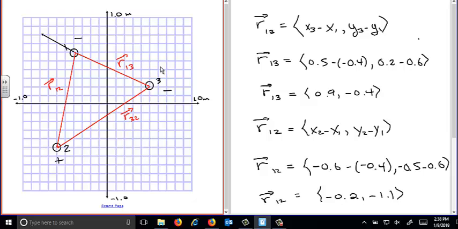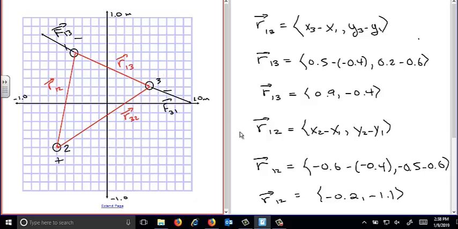F13 goes that way. This is F13 vector, and F31 is going to go this way, and it's going to be the same size but opposite direction. So that's F31.